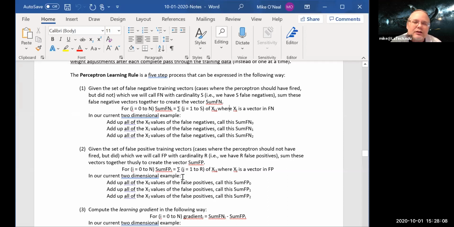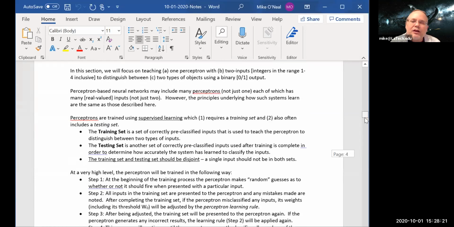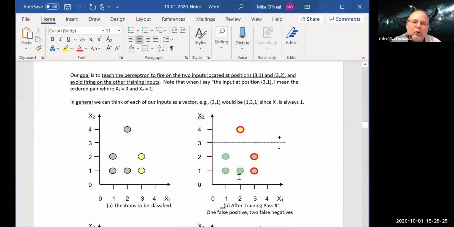And so what you've got to do is go through and add up all of the components of those things, component at a time. Well, we've only got 1, right? So there's not a lot of adding to do. So you would end up with 1, 2, 4. Because you've only got 1 false positive there.